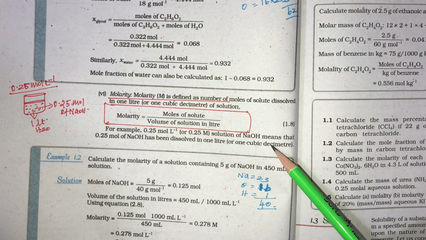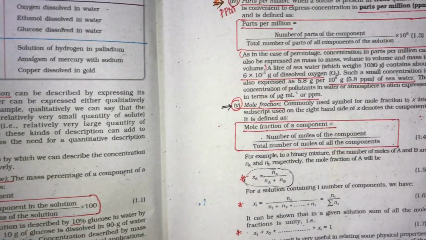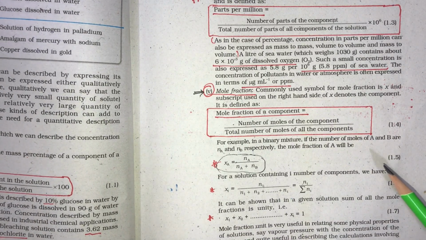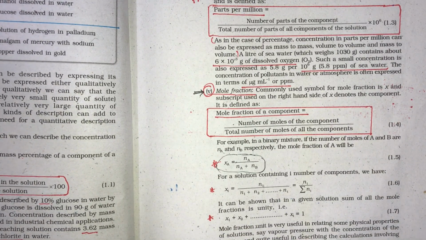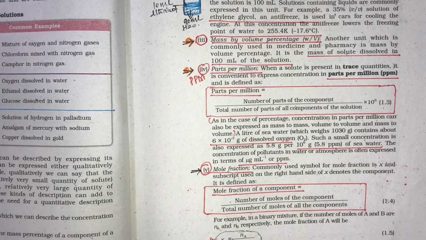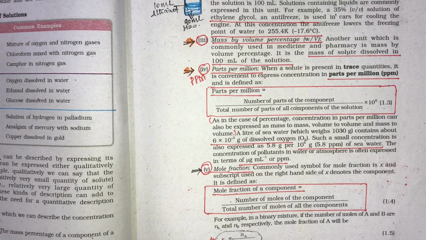As the volume depends upon the temperature, molarity varies with the temperature. The next one is mole fraction, the number of moles of the component by the total number of moles of all the components present in the mixture. The next one is parts per million, the number of parts of the component by the total number of parts of all components present in the solution.